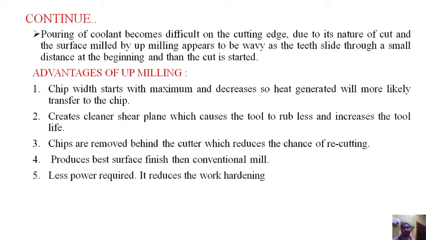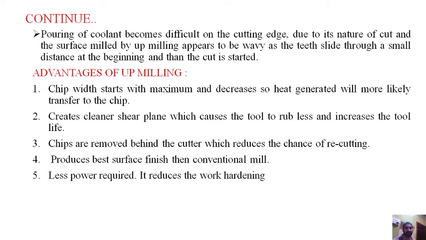That will avoid the heating of the tool, which increases the tool life. Instead of the cutter, the heat is transferred to the workpiece, so that will avoid the wear and tear of the cutter.